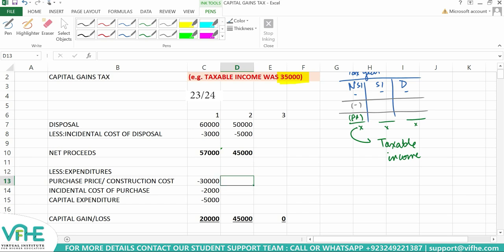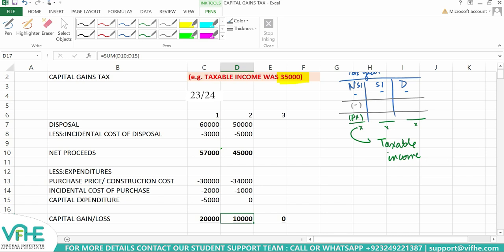Then let's assume in order to purchase this piece of land, he had incurred an expense of £34,000, incidental cost of £1,000 was incurred on this asset, and let's suppose he did not incur any capital expenditure, because that's not always the case that one will be incurring each and every type of expense over the chargeable asset.